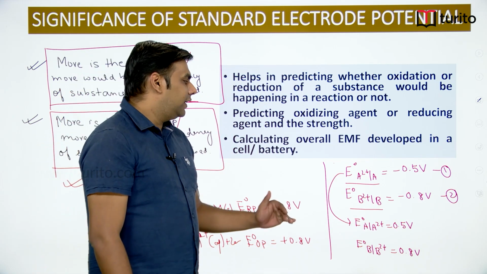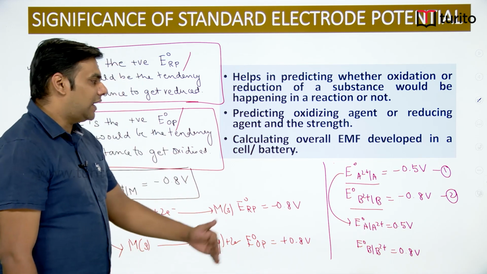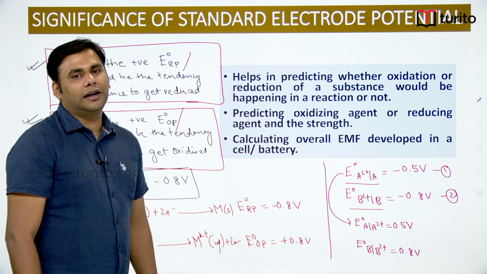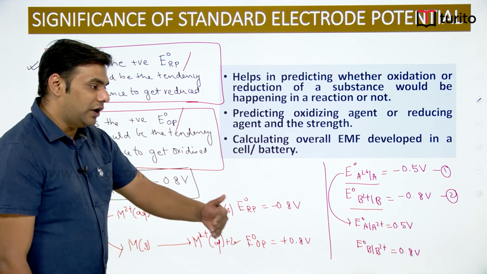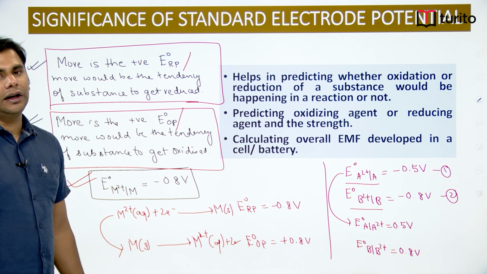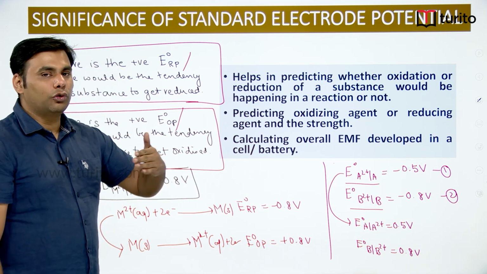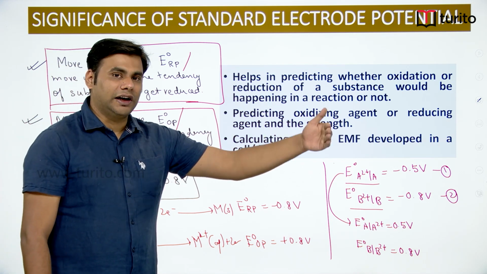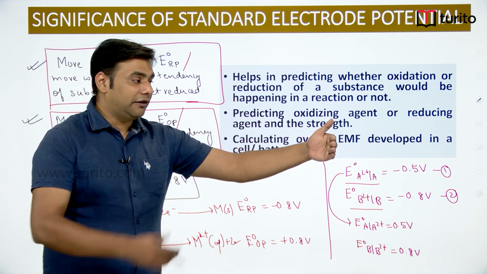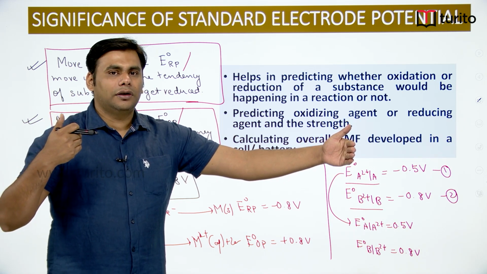We'll say that the one having the less negative value has more tendency to get reduced, because the more negative the reduction potential, the lesser the tendency to get reduced. The more positive the reduction potential, the more the tendency to get reduced. But if it is more negative, it will not undergo reduction.